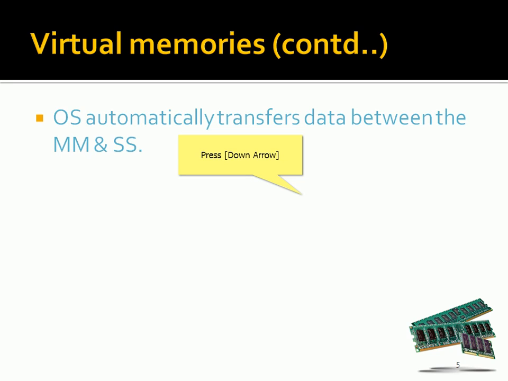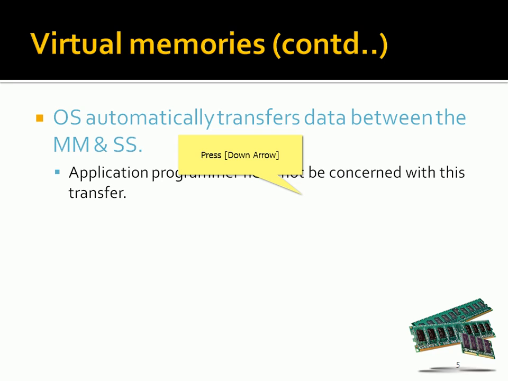The application programmer need not be concerned with this transfer. The application program may be in C or Java or any language, and the programmer need not worry about this. It is performed by the operating system on behalf of the user.